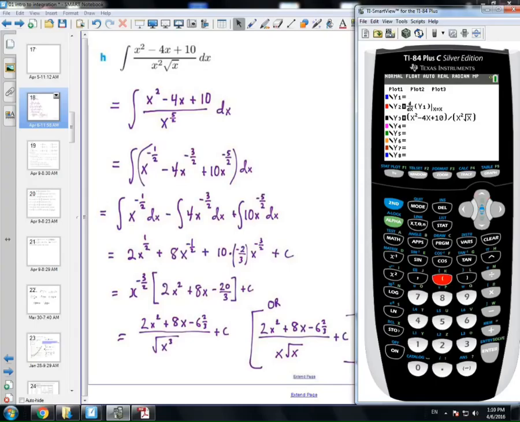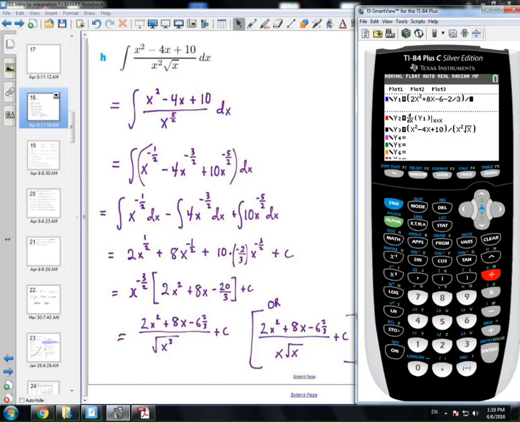with parentheses for the numerator, 2x squared plus 8x minus 6 minus 2/3. That's the same as subtracting 6 and 2/3. Alright, so that is the numerator.